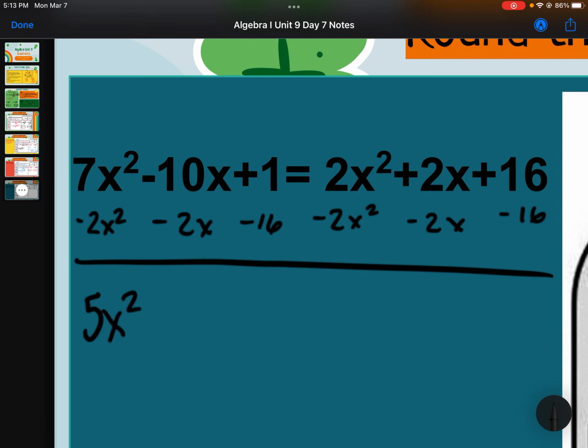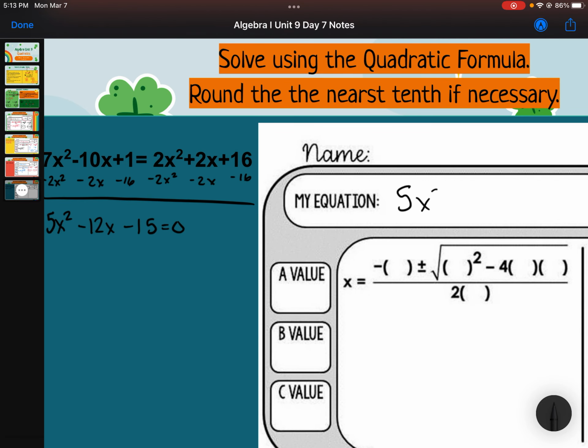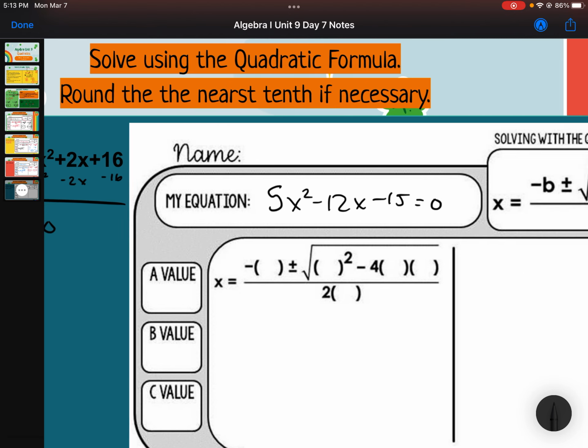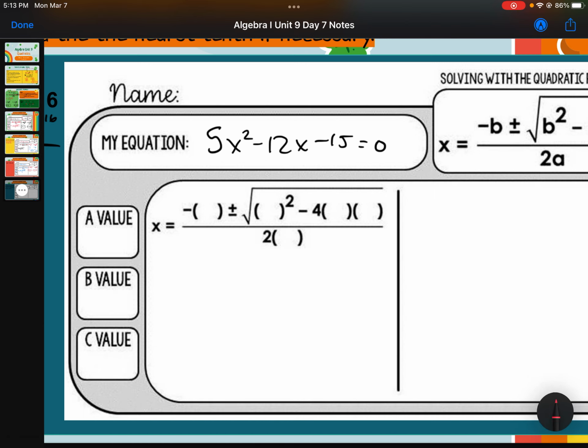Negative 10 minus 2 is negative 12x. 1 minus 16 is negative 15. Okay, everything's on one side. So I have 5x squared minus 12x minus 15. Okay, next is label your A, B, and C. Your A is 5, B is negative 12, C is negative 15.